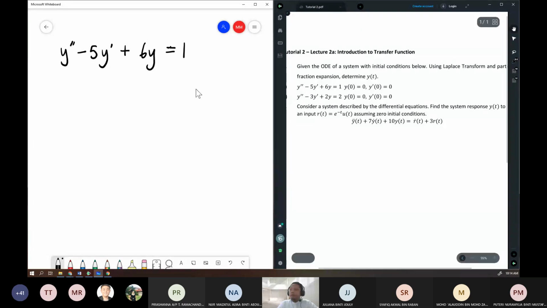So firstly, from this ODE, we need to convert into frequency domain using Laplace transform.